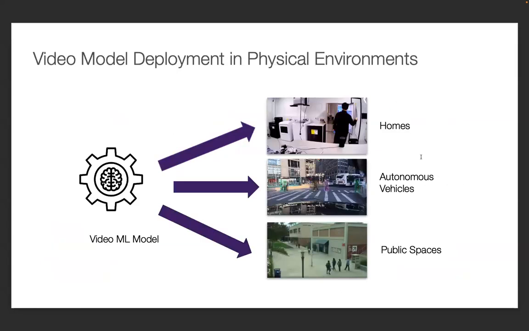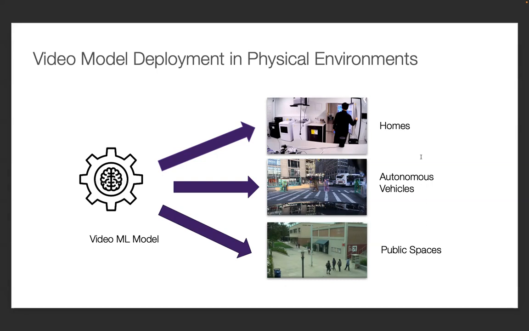So let's begin. When we think about visual video model deployment, once we finish training the model and we want to send it out into the real world, there are various scenarios where we can implement this model, and these can get very complicated and very diverse.